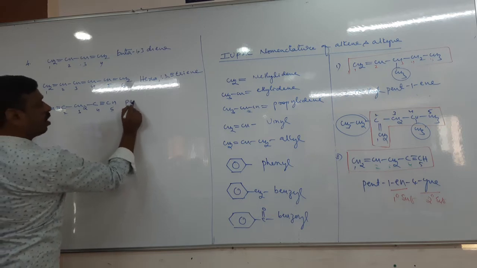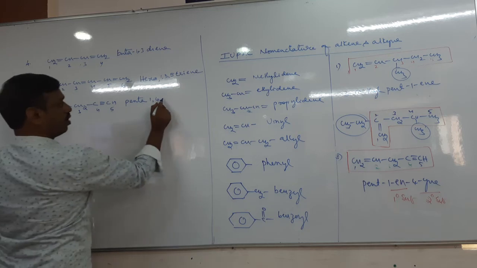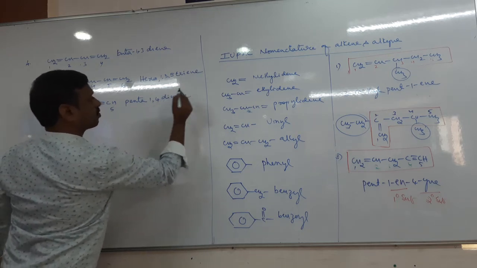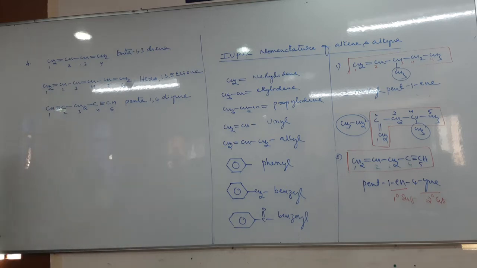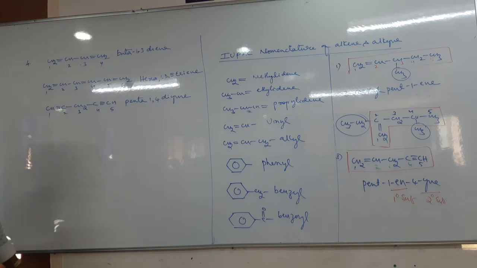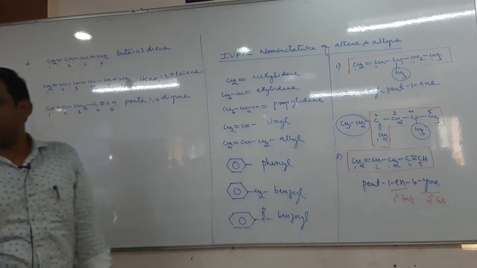It is penta-1,4-diyne, y-n-e, yne. Right? So it is penta-1,4-diyne. Okay, so if there are two or more double bonds or two or more triple bonds, then add the letter A.